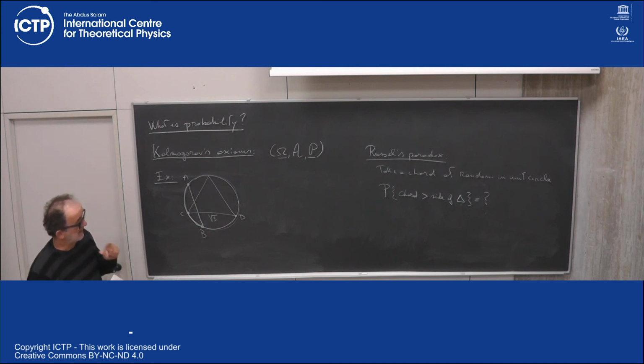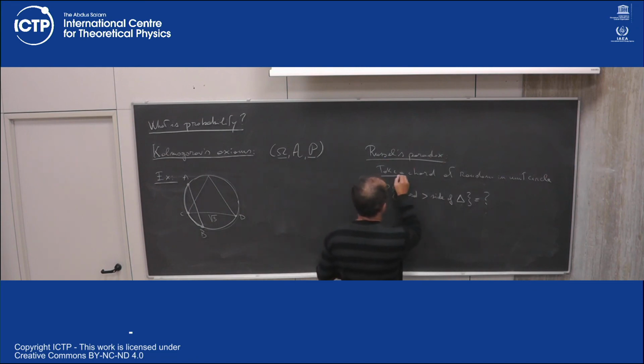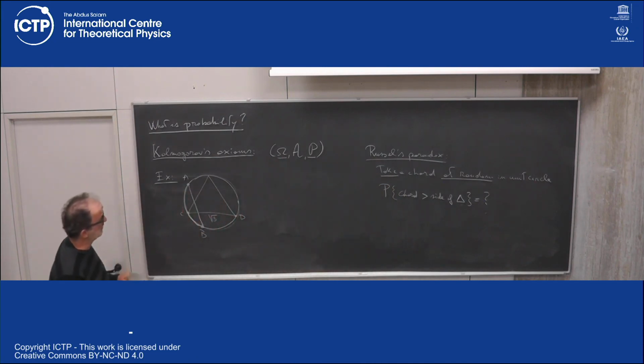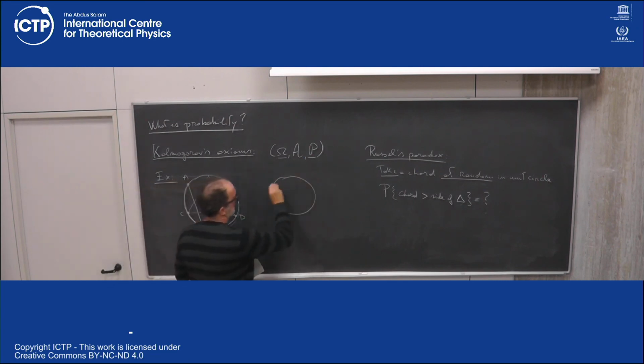Okay? But the real issue is really what it means to take something at random. Because there are three ways in which you could do this. So the first one is, so by symmetry you can always rotate this thing and take this chord to be horizontal.